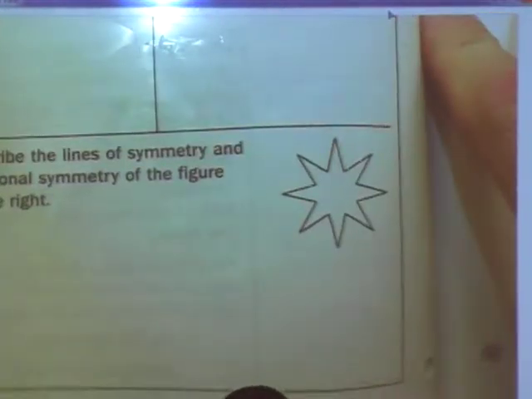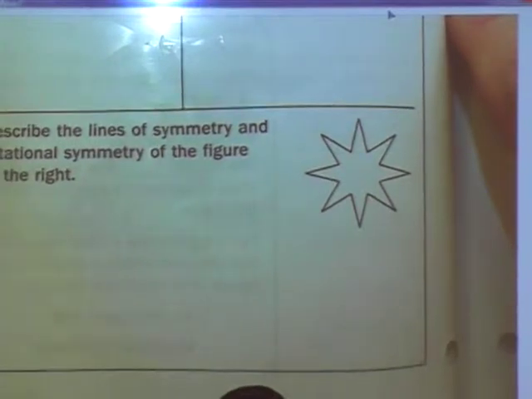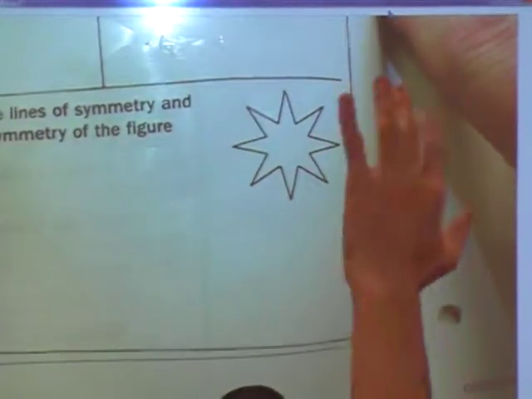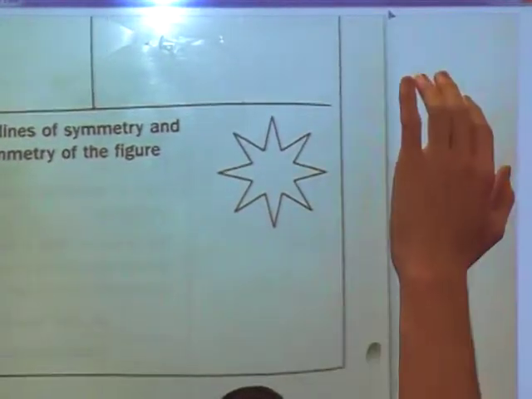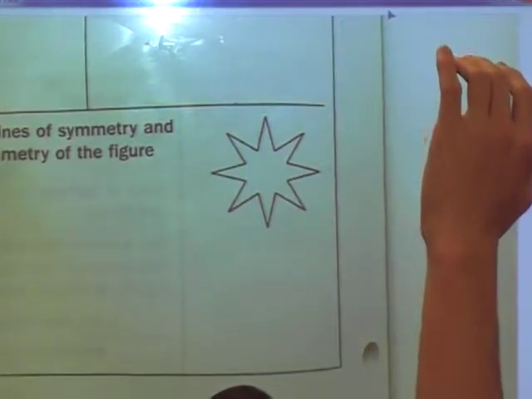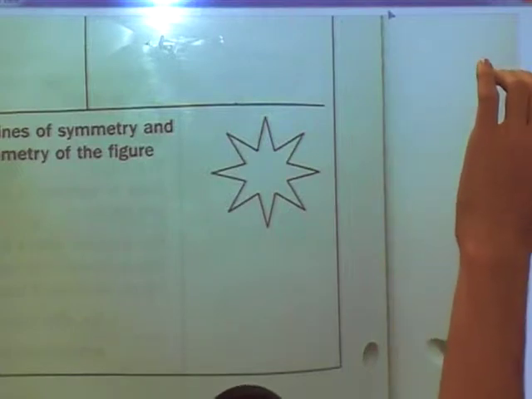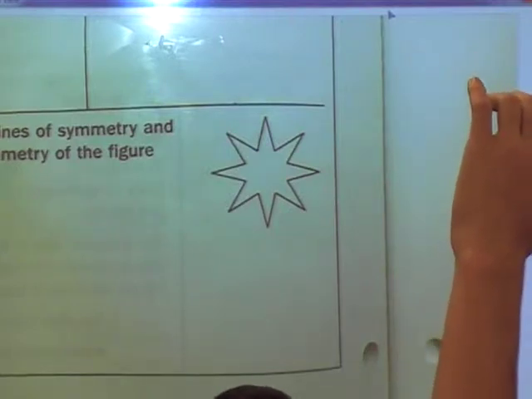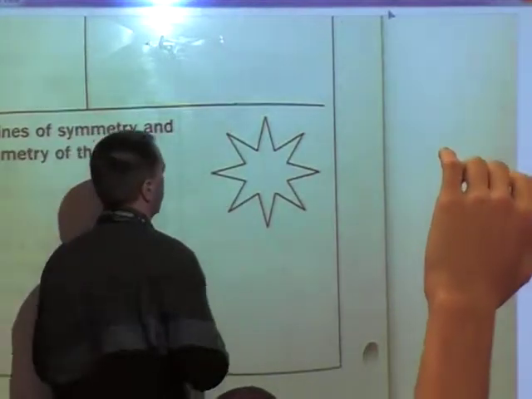All right, so this one, I want both. So we'll put this in the center. I want someone to do line of symmetry, some different people. Who wants to draw the lines of symmetry first? Somebody who's not been up here. Okay. Line of symmetry.